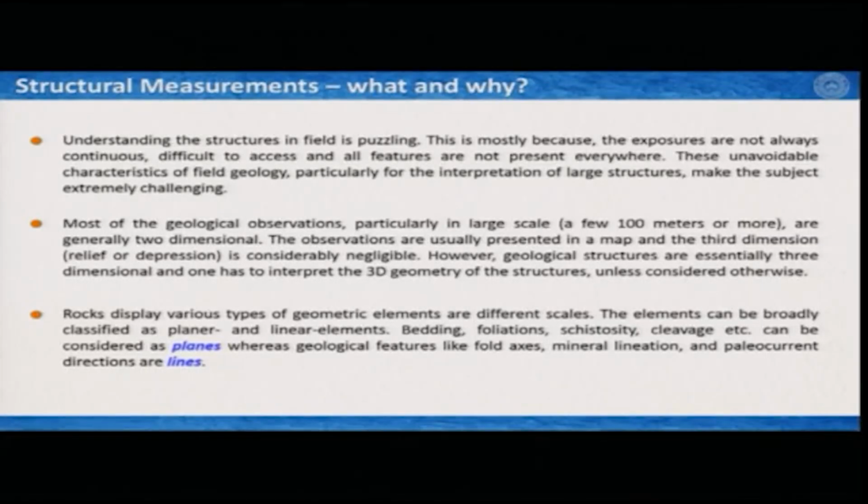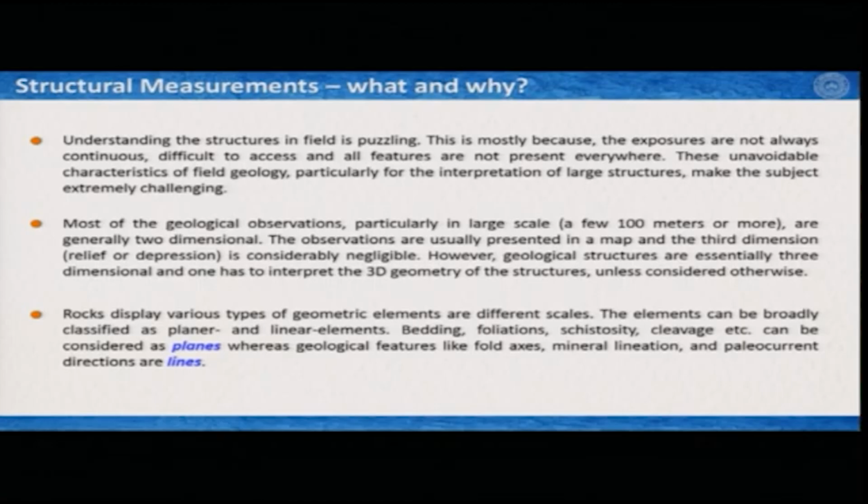Though we see in the field a few meters elevation or a few kilometers elevation when you work on active orogenies, otherwise when we think of the long or large horizontal scale, then the third dimension does not matter. However, it is important that we also interpret the third dimension unless we are working in our 2D models. But third dimension geometry is important because most of the geological deformations do happen in 3 dimensions.